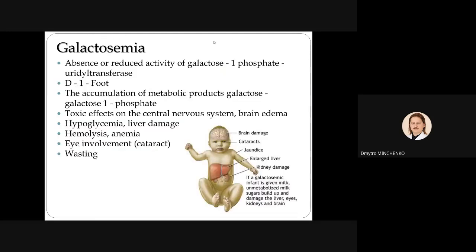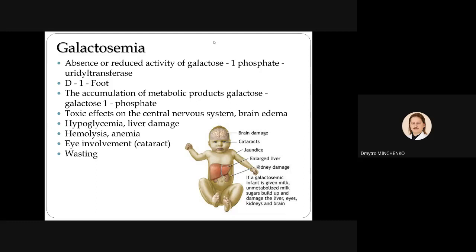Disorders of metabolism associated with carbohydrate metabolism insufficiency. One such example is galactosemia, absence or reduced activity of galactose 1-phosphate uridyl transferase.